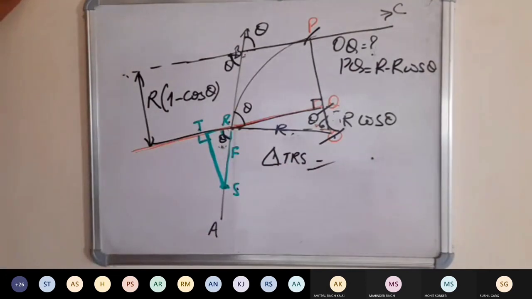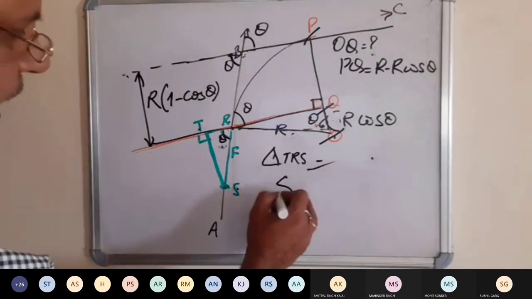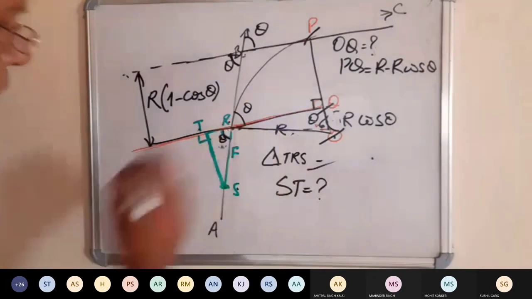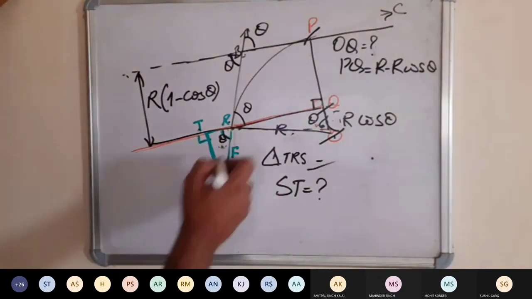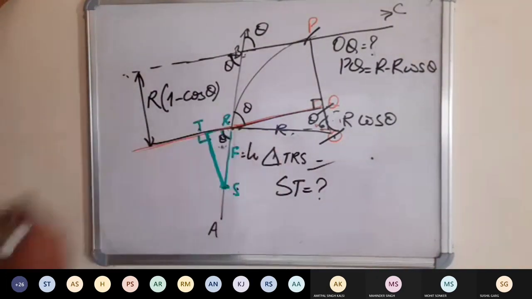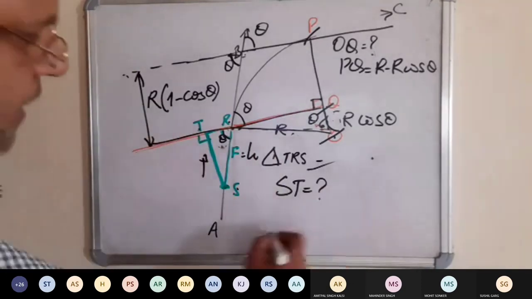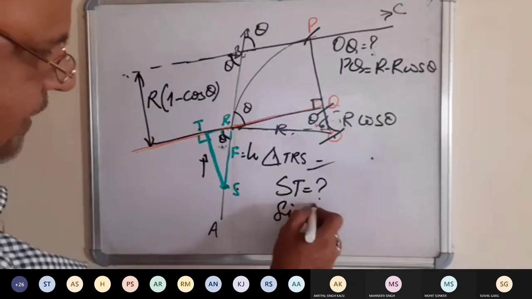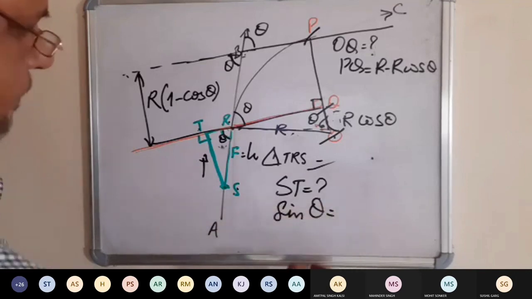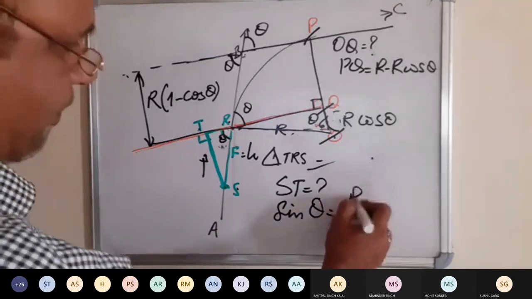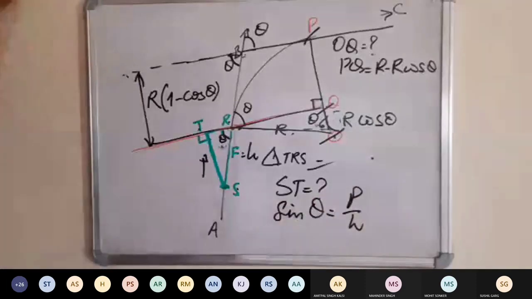So in triangle SRT, if we see what is the value of ST, again we have this one as hypotenuse and this one as perpendicular. Sine theta is equal to P upon H, perpendicular by hypotenuse.